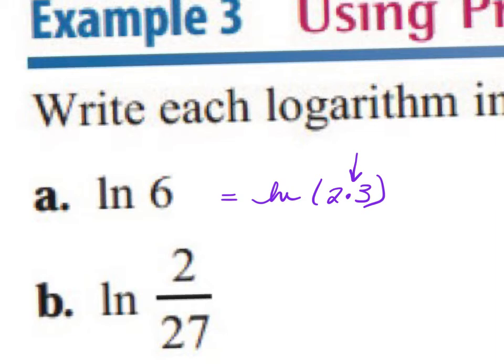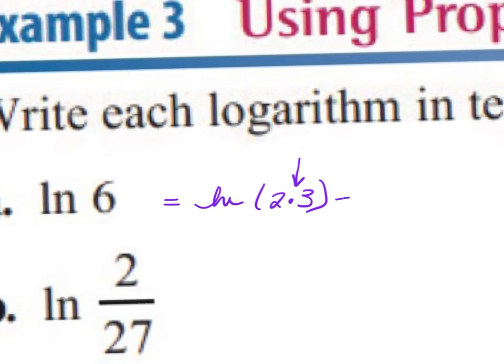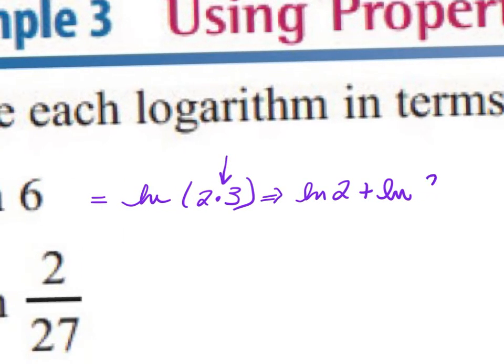And it'll tell you on your test or quiz, it'll say to condense or expand. But what operation goes with multiplication? Addition. So if this is already smushed together and I want to pull it apart, I could rewrite this as the natural log of 2 plus the natural log of 3.